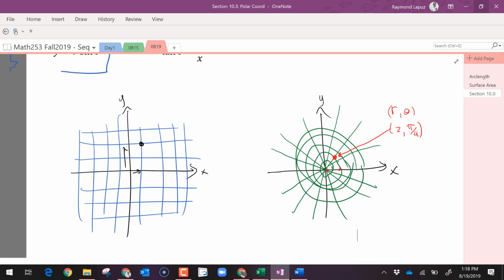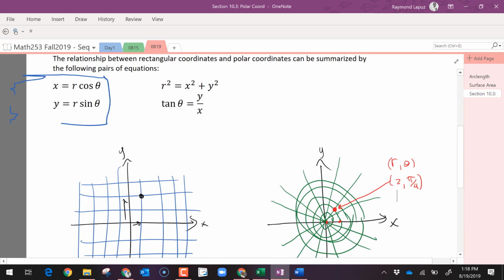All right, so how does this happen? That's the relationship between the x and the y, and you can go back and forth. If they have 2 comma pi over 4 and say I want to find out where that is in Cartesian coordinates, since I have the r and theta, I probably want to use the first set of equations here, right? You just plug in the r and the theta and see what you get. x is going to be equal to what? r is 2, so 2 cosine pi over 4, and y is equal to 2 sine pi over 4.